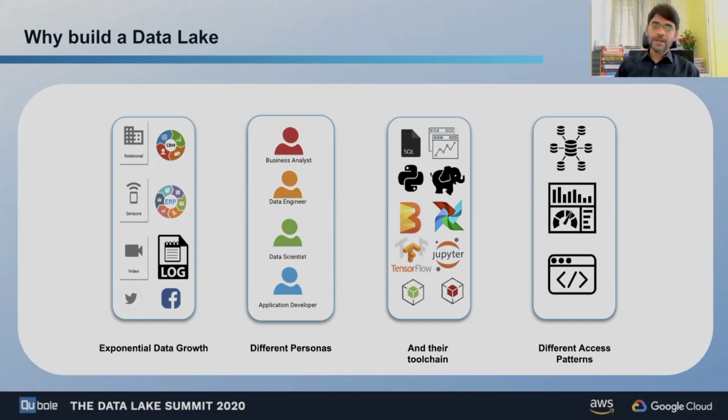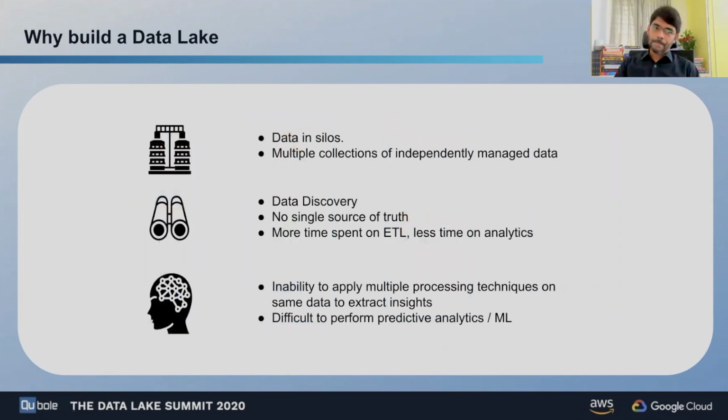And the variety of the data has also increased. There are videos and there are audios, etc. And then there are different types of people, and they use different tools. And once you expose this to your end users or your customers, the access patterns are different. Some internal, some external, and the ways the end users interact with this data is different.